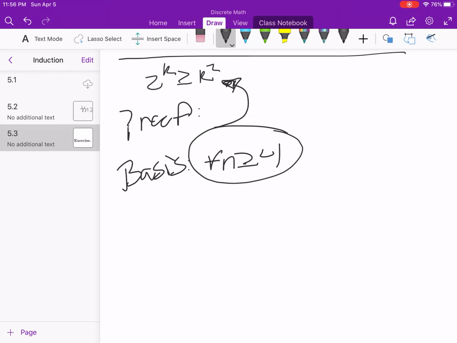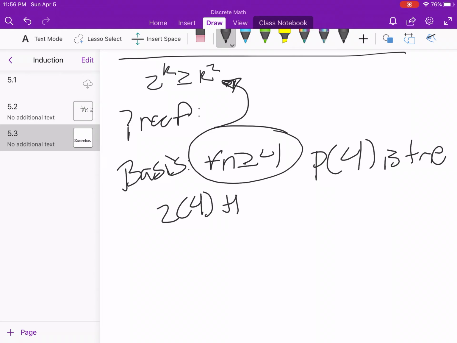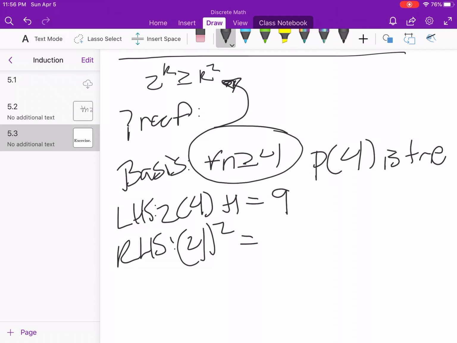So really my basis is showing that P of 4 is true. So when n is 4, what do I get? Well, I get 2 times 4 plus 1, right? This is my left-hand side. That's equal to 8 plus 1, which is 9. And then on the right-hand side, I've got 4 to the power of 2, which is 16.